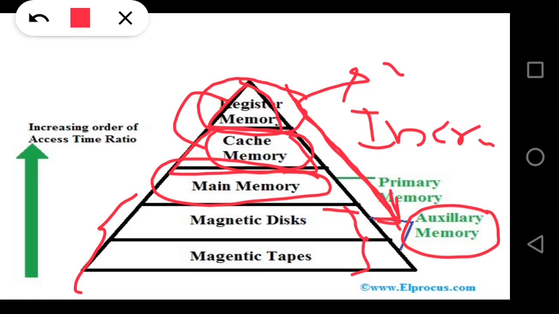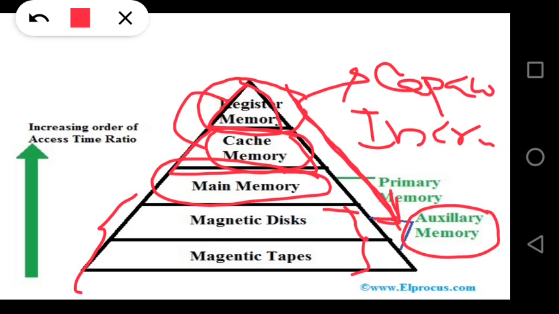Memory capacity is getting increased if you go from top to bottom of the pyramid structure. The reason why we have taken pyramid, it exactly resembles the memory hierarchy in computers.